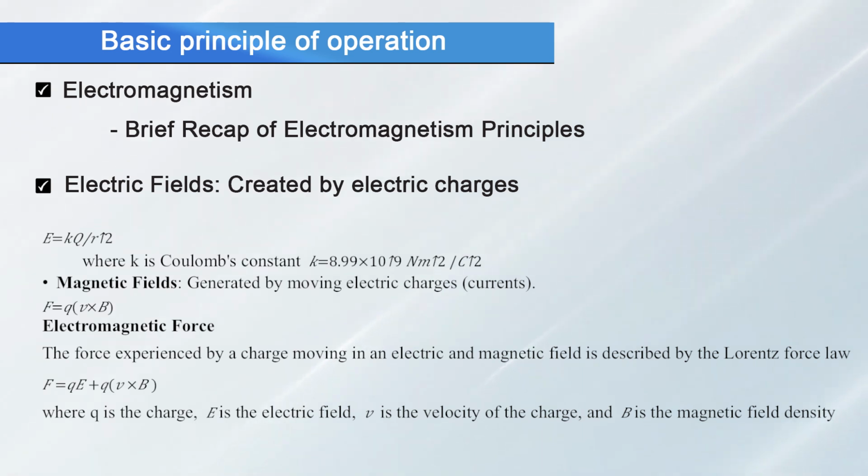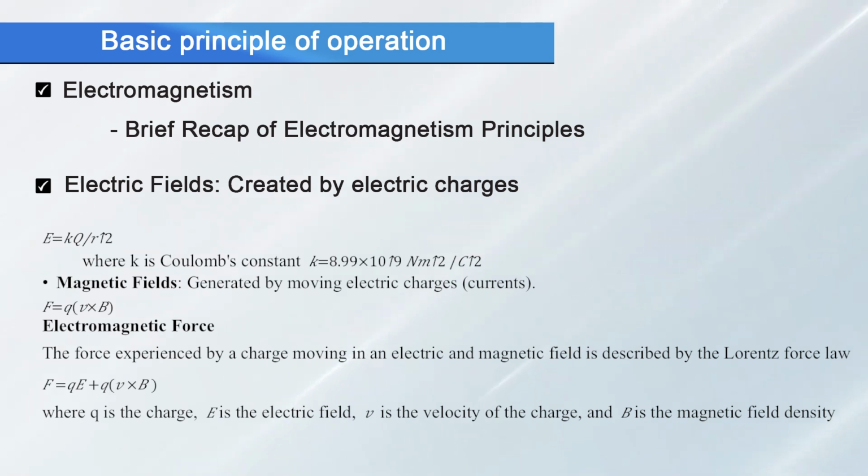So, the magnetic fields are the fields generated by moving electric charges or currents. A magnetic field exerts a force on other moving charges or magnetic materials, and the mathematical expression that describes the force exerted by a magnetic field on moving charges is given as F equals Q V cross B. Here F is the force exerted on the moving charge, Q is the charge of the particle, V is the velocity vector of the particle, B is the magnetic field vector, and cross denotes the cross product between the velocity vector and the magnetic field vector.